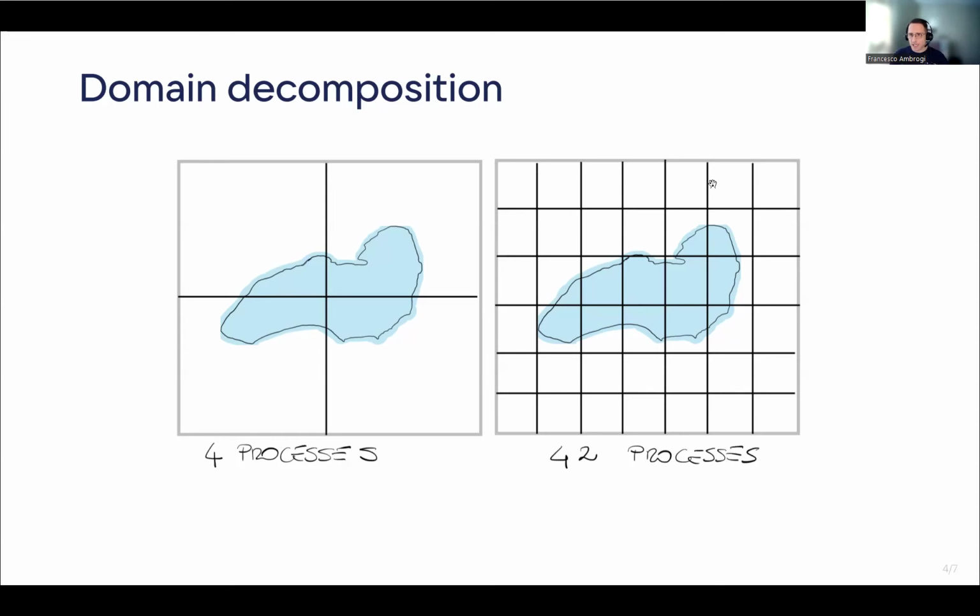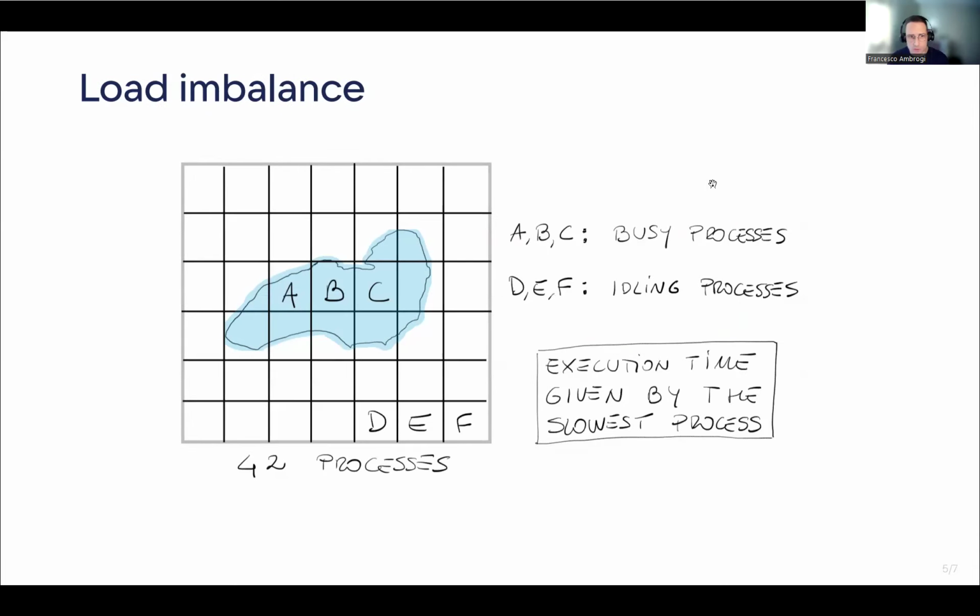Technically speaking, you would be correct, but you need to consider a very big problem that might arise in parallel computing, which is load imbalance. Let's take the 42 processes case, for example. With this specific problem, you will notice that a lot of processors, for example D, E, F, are not doing anything, because if you want to analyze the temperature in the water, only the processes where the water is will be busy processing, and D, E, F and a lot of other processes will be idling.